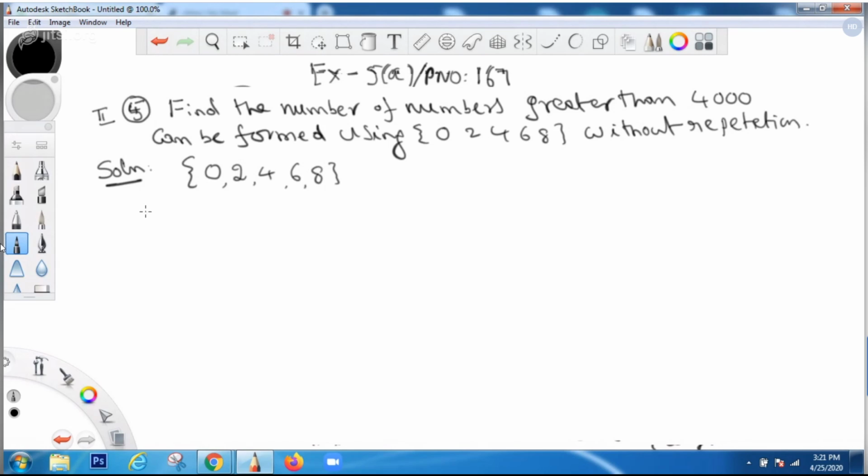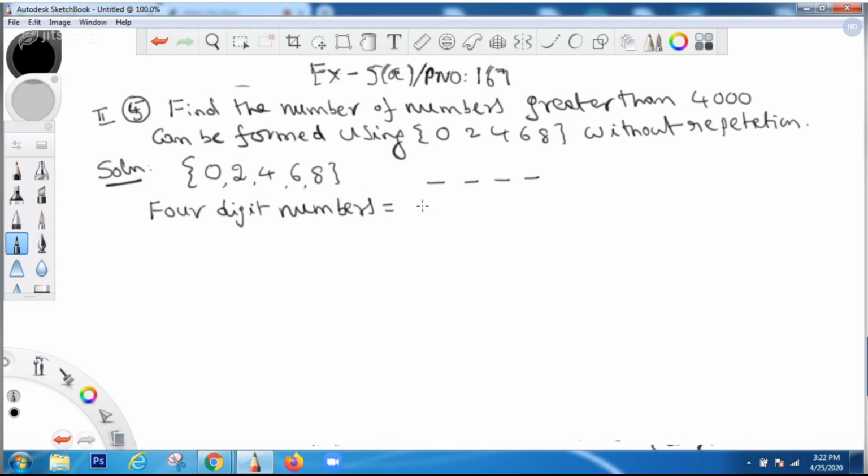We are considering 4-digit numbers. Four-digit numbers means you have to fill 4 boxes, isn't it? Yes, sir. Let us take every dash as a box.